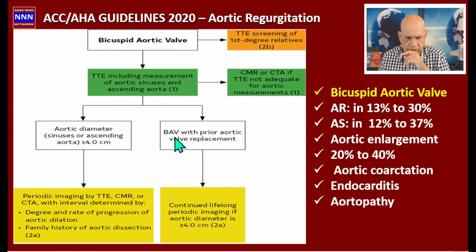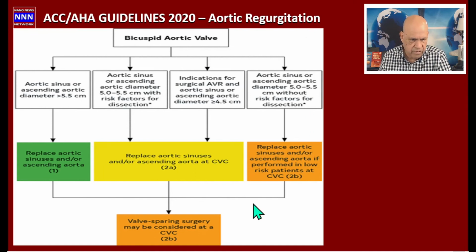And if a patient with a bicuspid aortic valve has had prior aortic valve replacement, then they need to be followed lifelong, looking for changes in their aorta. This chart is looking at bicuspid aortic valve. If the aortic sinus or the ascending aortic diameter is greater than 5.5 centimeters, they need replacement of the aortic root along with the ascending aorta and the aortic valve.